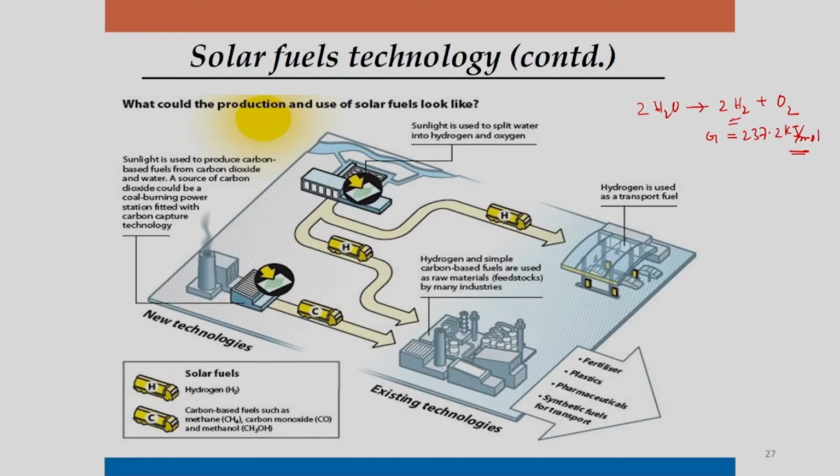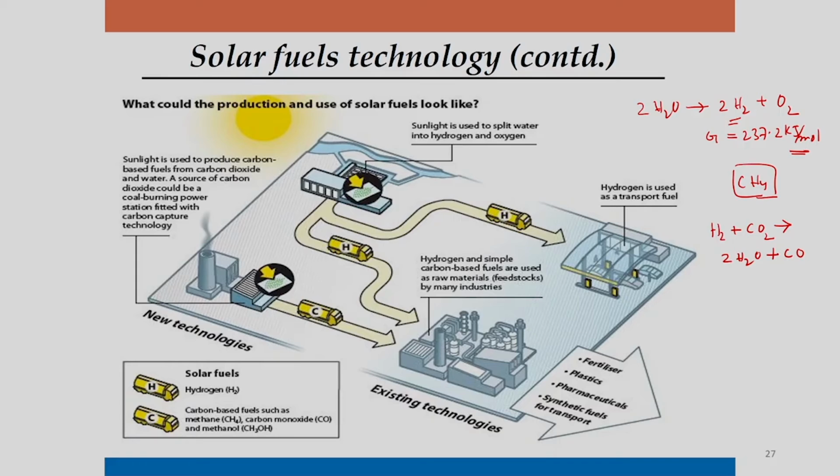Also, another way of storing solar fuel is to store methane, which is easier than hydrogen. Already we know the water gas shift reaction, something like H2 plus carbon dioxide converting to H2O plus carbon monoxide.